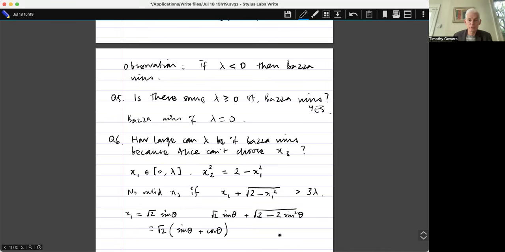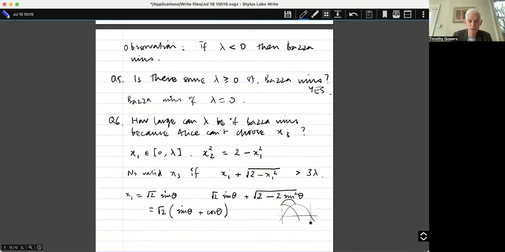And sine theta plus cos theta, here's sine theta, and here's cos theta. It sort of goes like that. And I could use addition formulae for sine and cos, but I think I won't bother with that detail.